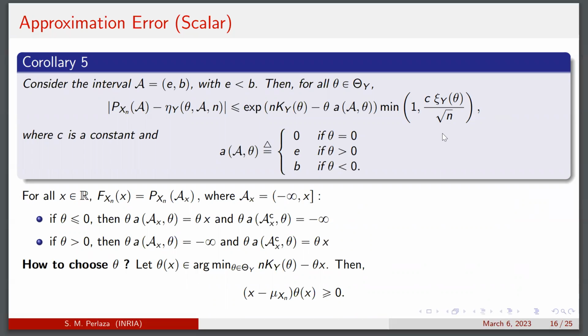If we see how this difference actually scales, we have everything: the factor 1 over square root of n may not be the one we are expecting, and we have the exponential term. So not even in the limit, even for finite n, we are a constant factor away from something optimal.